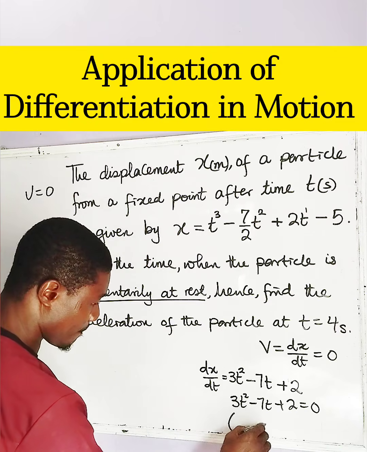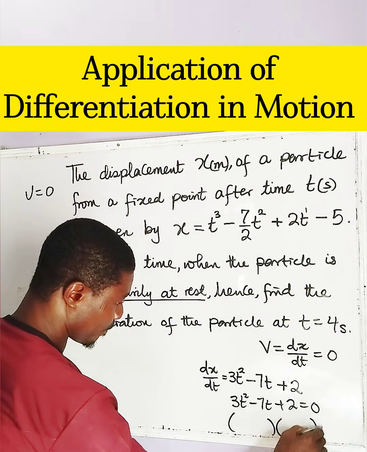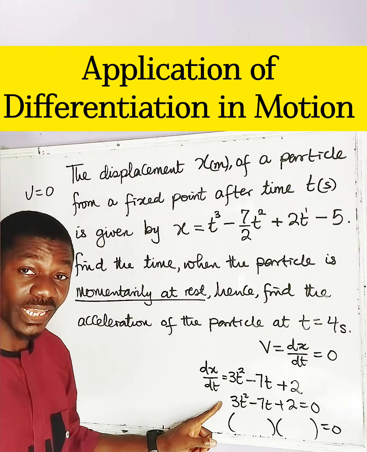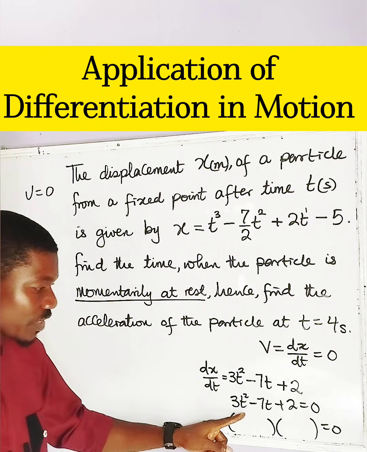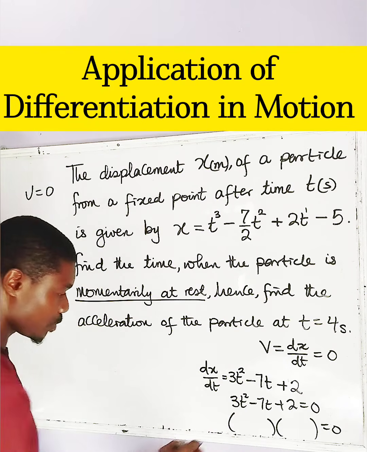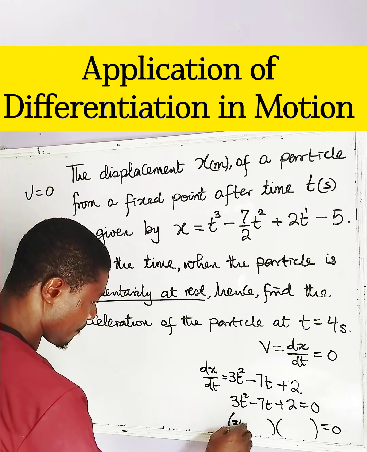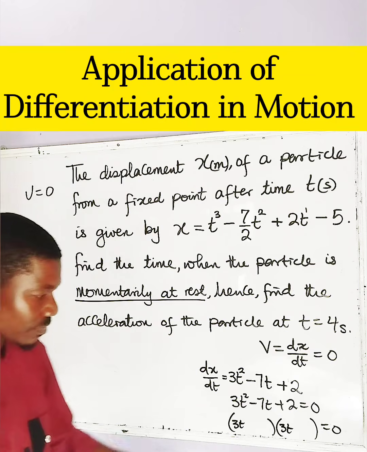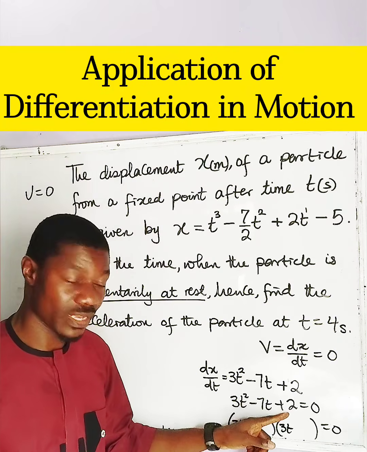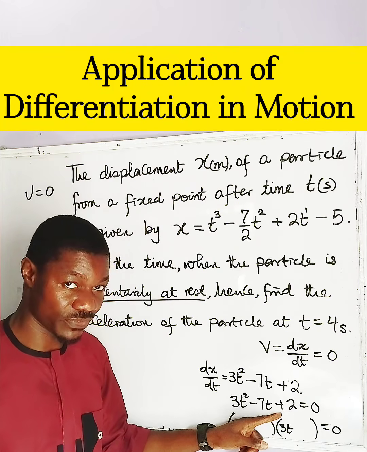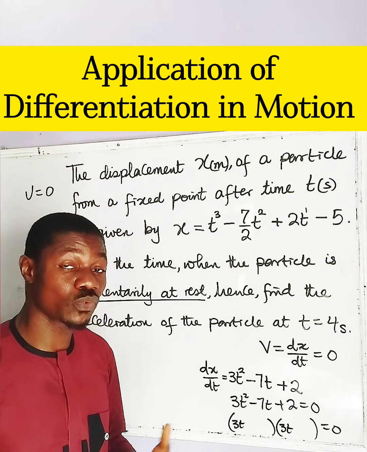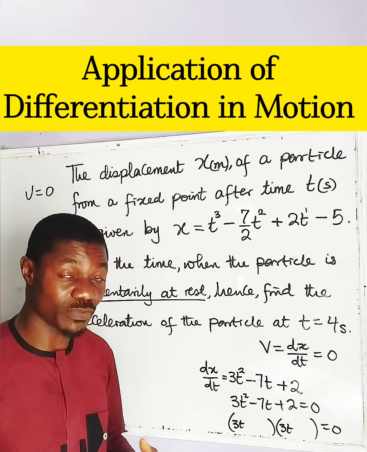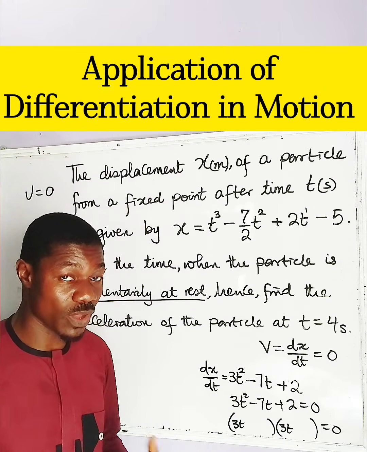Since the leading coefficient here is 3 and the variable is t, let's put 3t and 3t. Since the product here is positive, the two numbers which we multiply together will definitely be negative and negative, because negative times negative will give us positive.